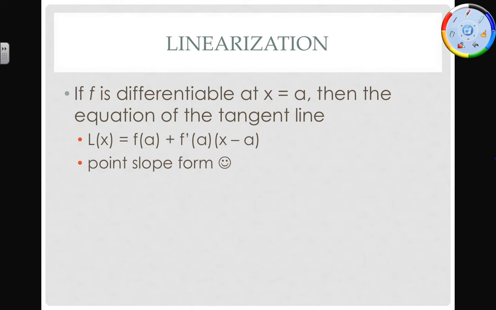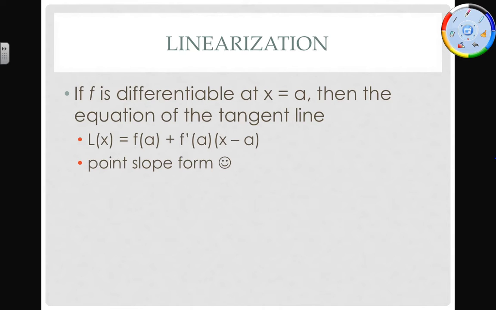Now, what we're getting at here is trying to estimate values at specific points. And what linearization is telling us is basically if we zoomed in at a specific point on a graph, and we just kept zooming in and zooming in, eventually, even if we were looking at a quadratic function, your calculator would show a straight line.